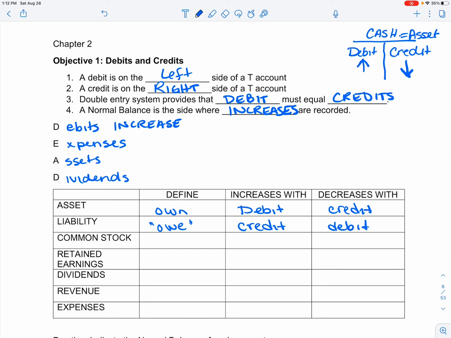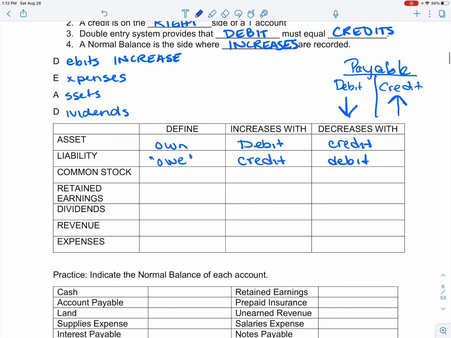So when I'm looking at a T account for a liability, and we can include any payable here, your debits are still going to be on the left, credit still on the right, but a credit is going to increase, a debit will decrease. This all goes back to chapter 1, the accounting equation, and making sure that stays equal.